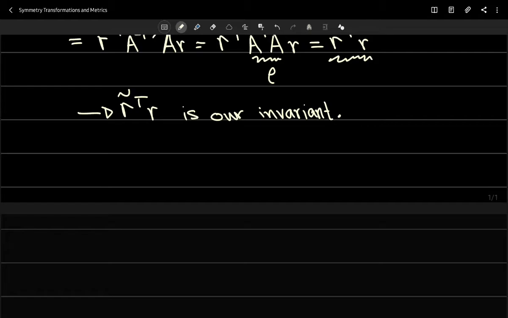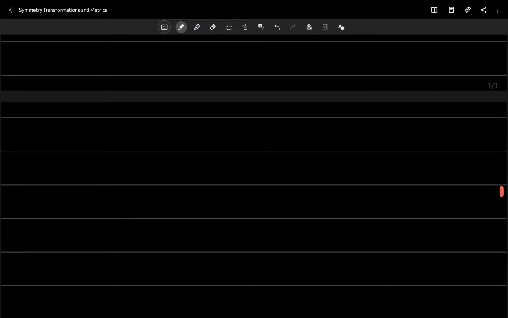So you could go ahead and ask me if there is a systematic procedure to construct the dual representation R tilde, if you are given your representation R. It actually turns out that for many cases, it can indeed be done, provided a metric, right? So provided that you are given a metric, you can have a systematic procedure to construct the dual representation R tilde if you are given the representation R.